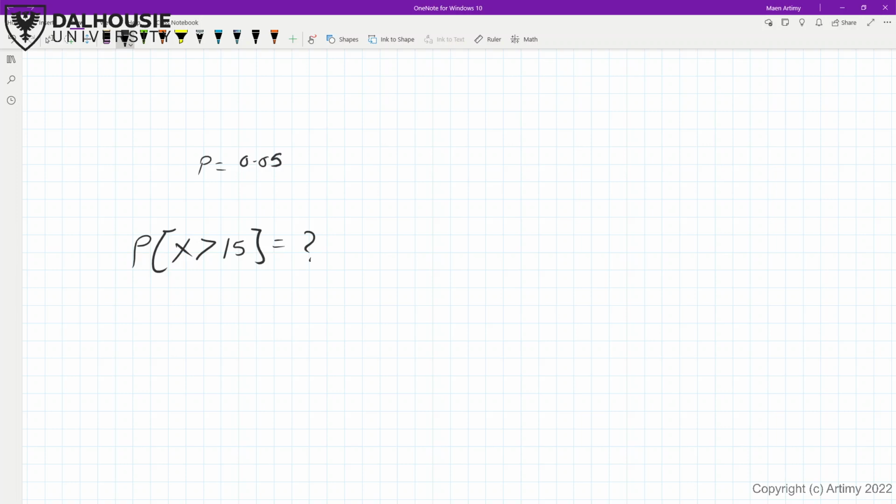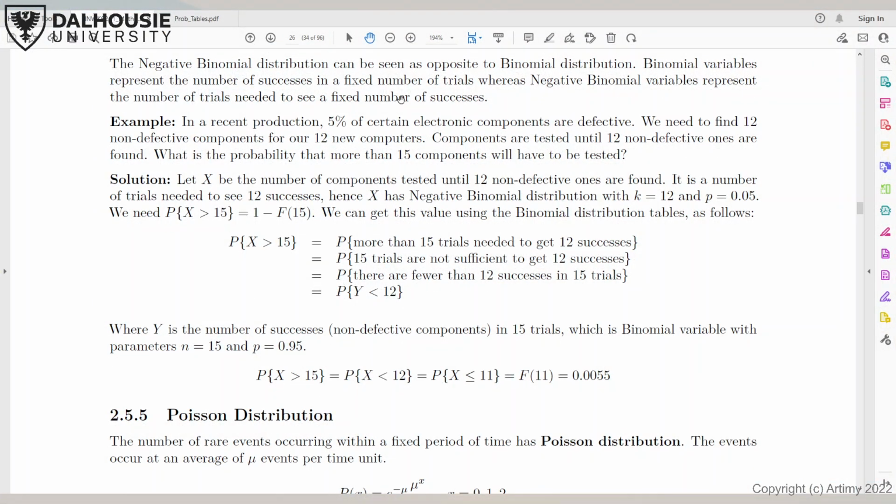Then if you read further, we need to find 12 non-defective components. So what we're looking for is how many components we need to test. We need to find 12 successes. The successes are given to us, that's 12. But the unknown or random number is the trials.